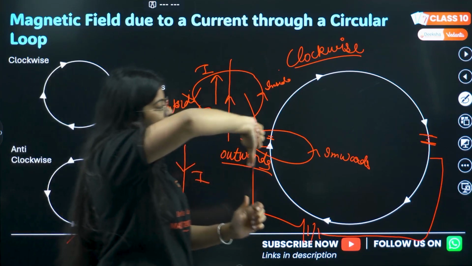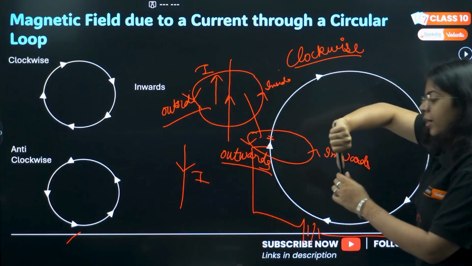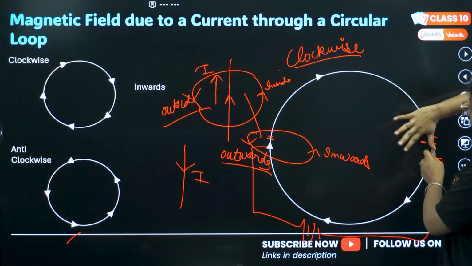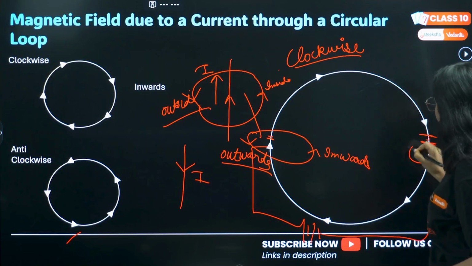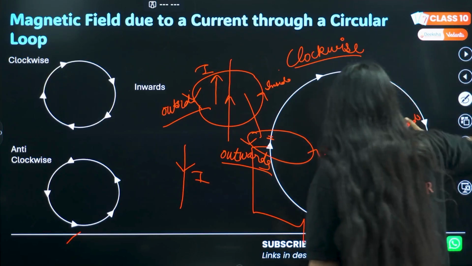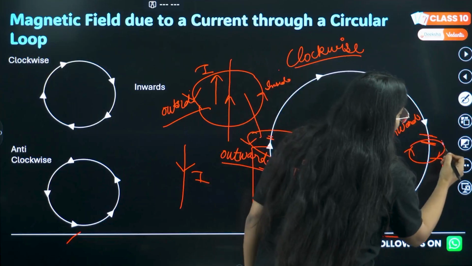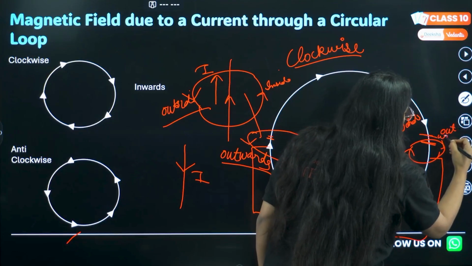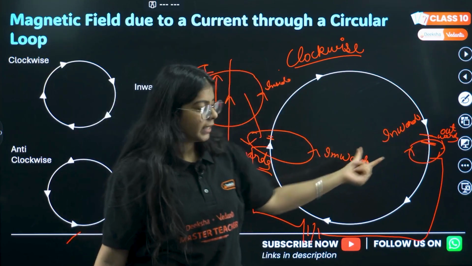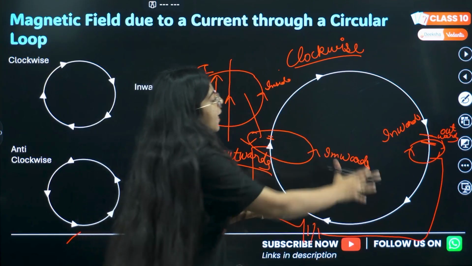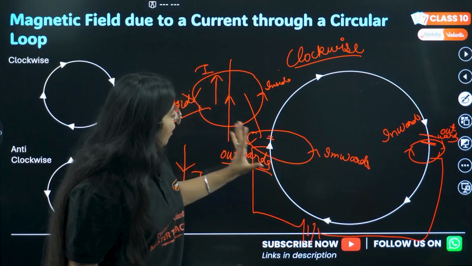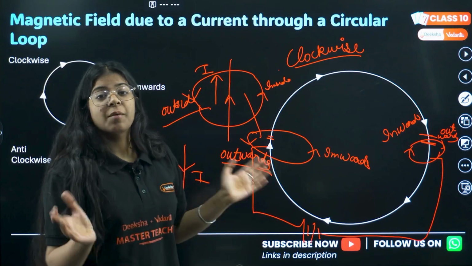Inside the loop, the magnetic field lines are going inwards, and outside the loop, it's again outwards. So did you see? If you take either this point or the diagonally opposite point, in both cases, inside the loop, the magnetic field lines are going inwards, but outside the loop, they are coming out.